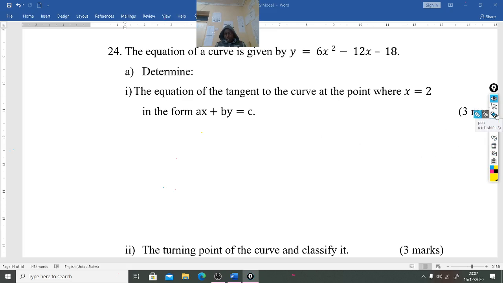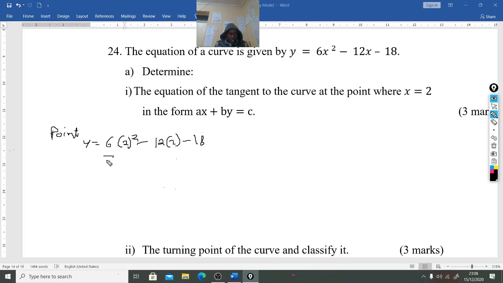To get the point, we need to substitute x is 2 into the equation of the curve. So y equals 6 times 2 squared, minus 12 times 2, minus 18.